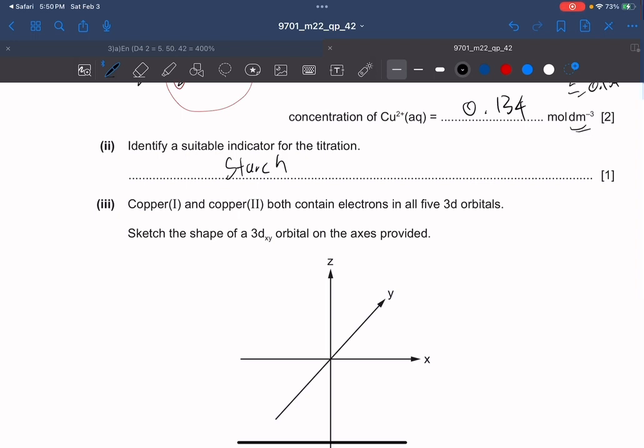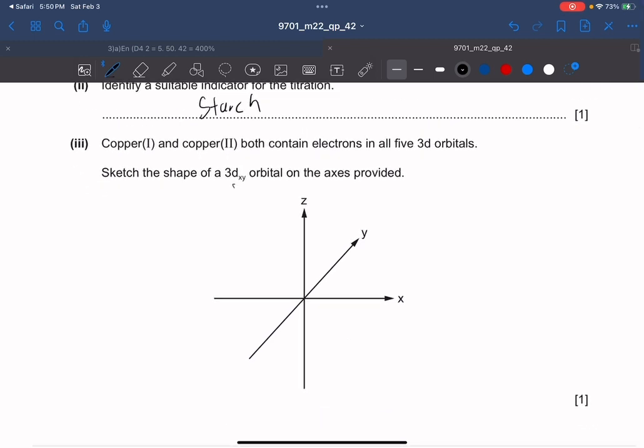Draw the shape of a 3dxy. So 3dxy, how I like to remember this is in terms of the axes. If it says x and y, it means the axes being used are x and y, so it has to use those planes.